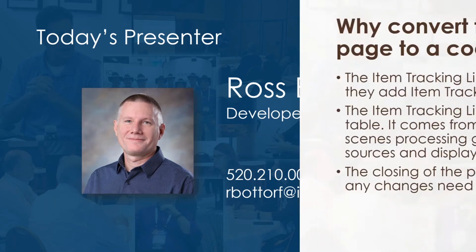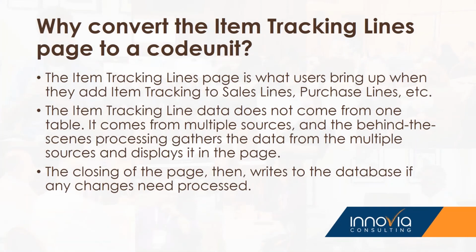Well, I recently decided to see how hard it would be to take the current item tracking lines page, which holds temporary data. It doesn't hold data directly. When you open the page, it grabs data from different sources and displays it for the user.